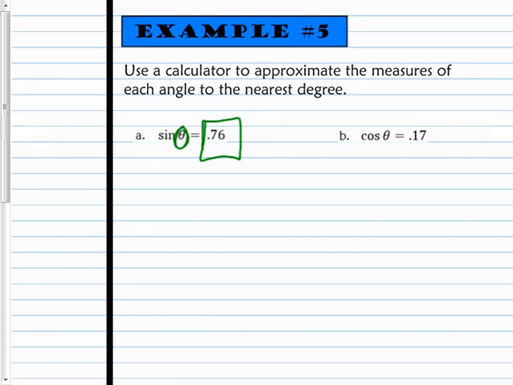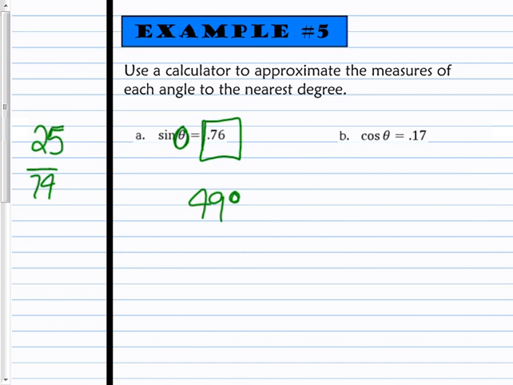Instead of giving us numbers such as 25 over 74, they went ahead and solved it for us. So all you have to do is type in 0.76 and do the inverse sine. So second sine, and you can press equals, but it shouldn't change anything. And to the nearest degree, you round up to 49 degrees, okay?